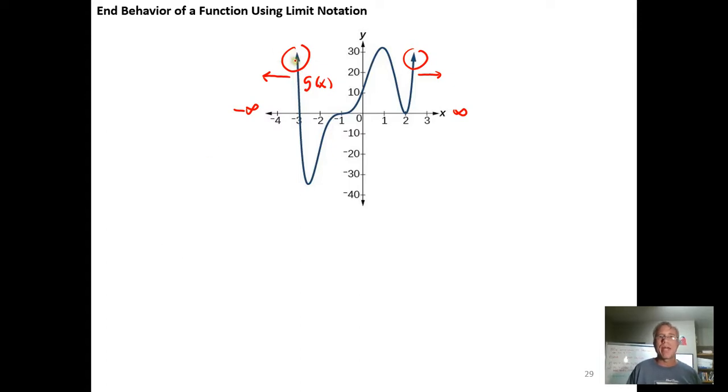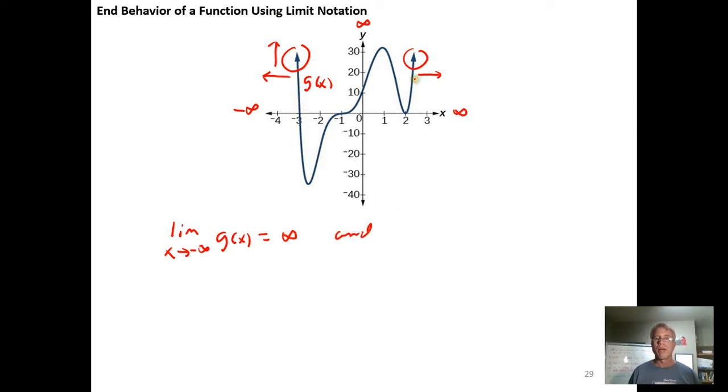And here I can see that my arrow is going up. So my vertical component is up towards infinity with respect to the output axis. So I can say the limit as x goes towards negative infinity of my function g of x is equal to, well, my function outputs are going up. They're becoming infinitely large with respect to the output or y-axis.